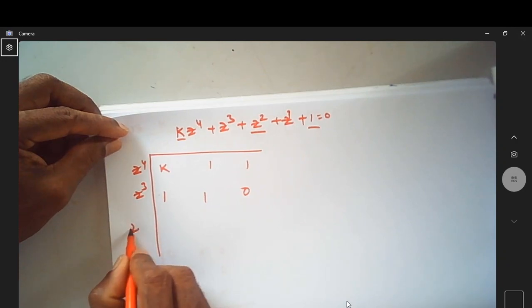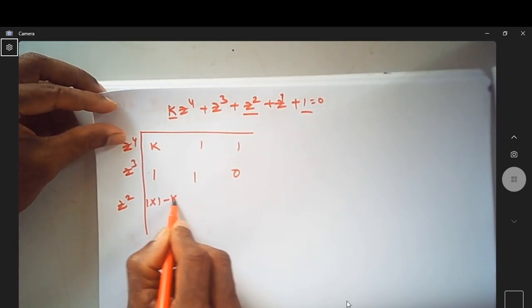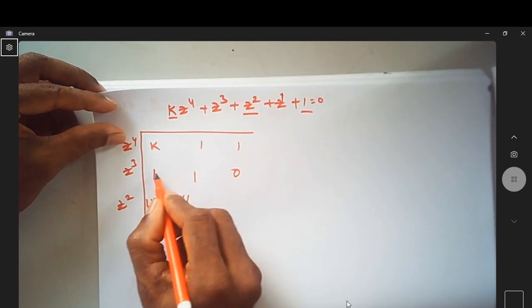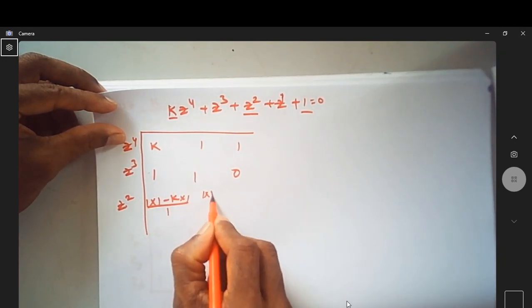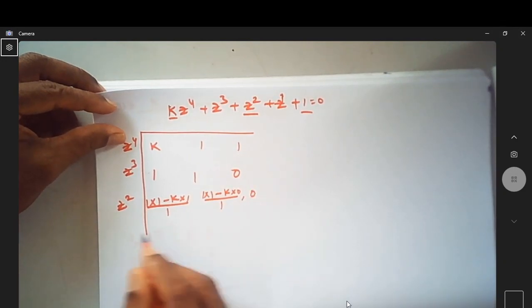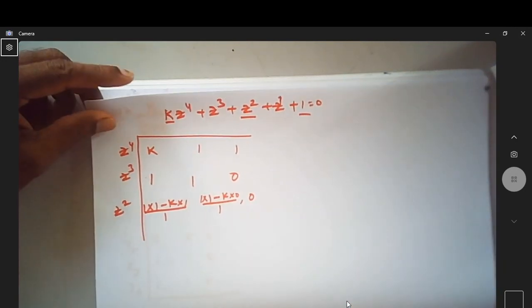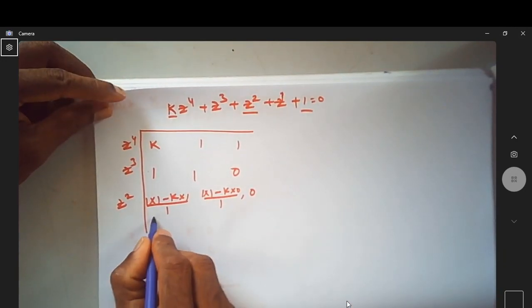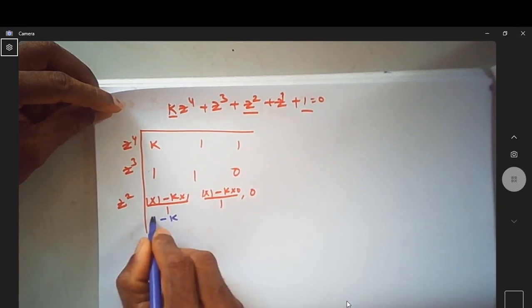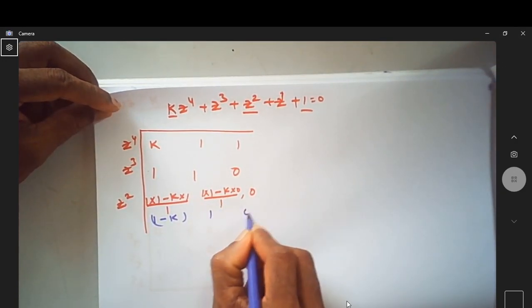z square would be 1 into 1 minus k into 1 by 1, and this is 1 into 1 minus k into 0 by 1, and it is 0. So actually this comes out to be 1 minus k, and this is 1, 0.